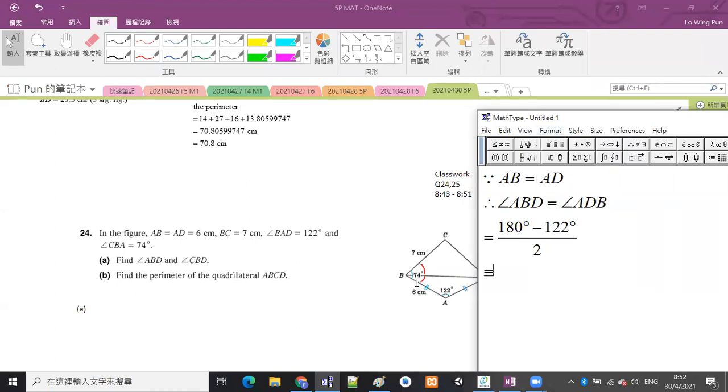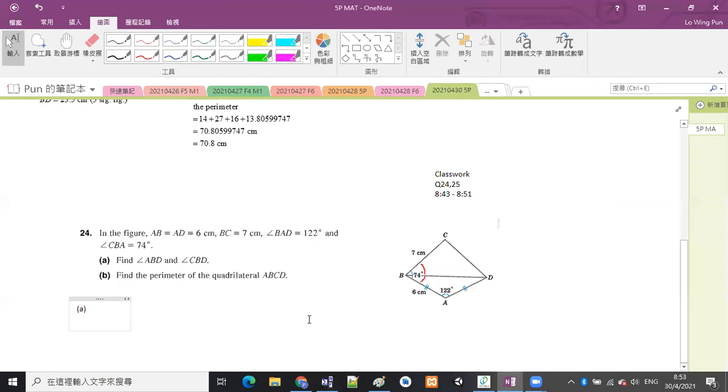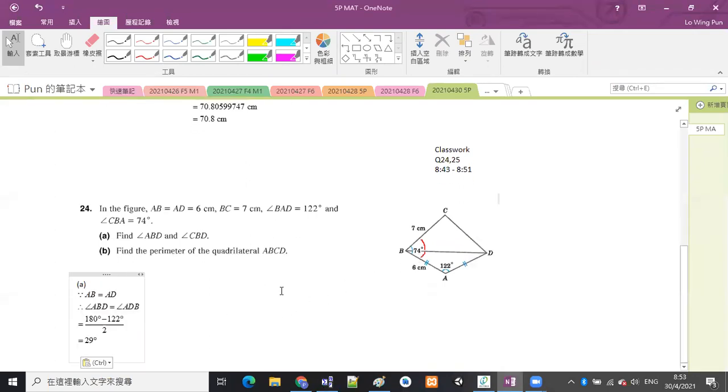And that should be equal to 29 degrees. So that is the answer. That's the first answer of part A, because the question asks us to find angle ABD, right? So that is 29 degrees.